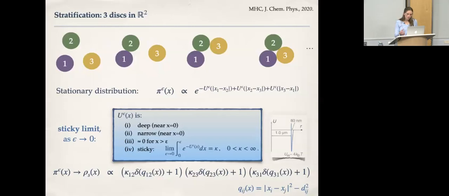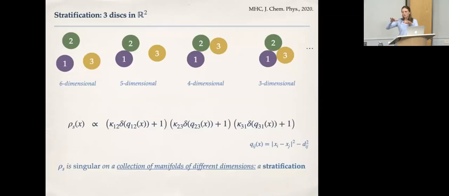Okay, so in this limit, if I multiply out all these delta functions, I actually end up with a stationary distribution which has support on sets of a variety of different dimensions. So when none of the particles are in contact, there's some finite probability of being in this set where none of the particles are in contact. And this is a 6-dimensional set because each particle has 2 degrees of freedom. There's also some finite probability of finding disks 1 and 2 exactly in contact.